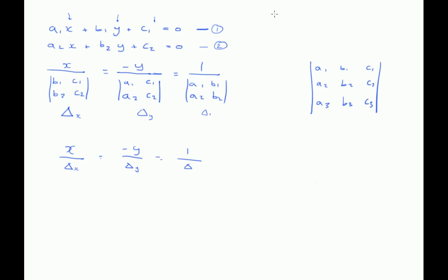So this might take the form a1 x plus b1 y plus c1 z plus d1 equals 0, and we might have 3 equations in these 3 unknown variables x, y, and z.